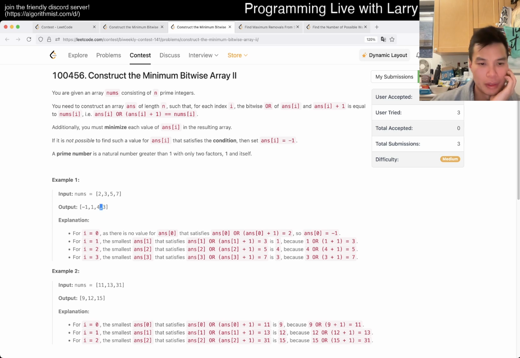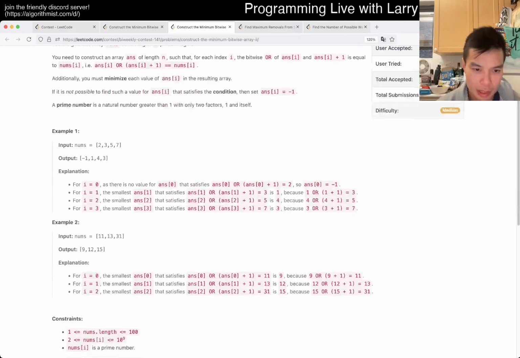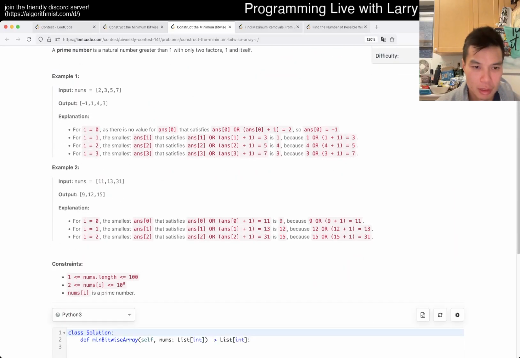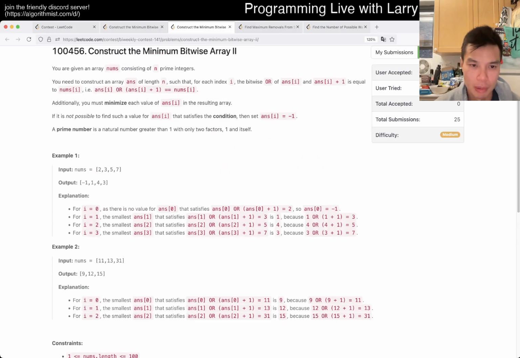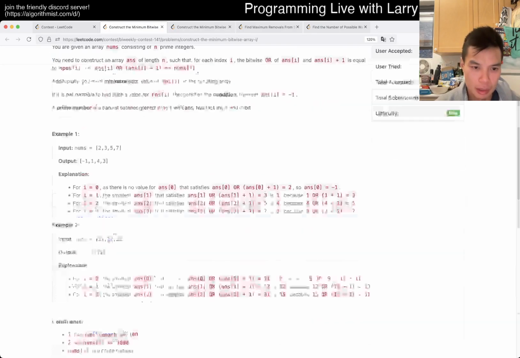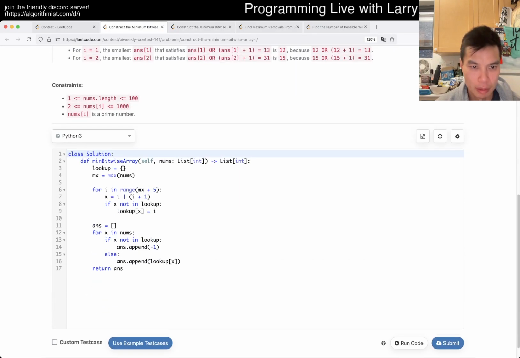What is the binary numbers? No one's counted yet, supposedly. Only 100 numbers though. Prime, what does prime mean? Actually, I guess we could use this to look it up.